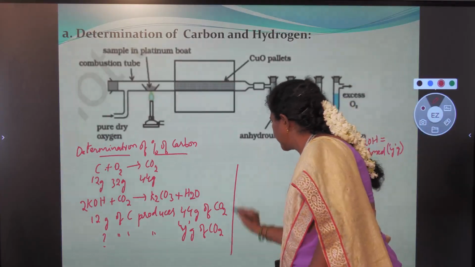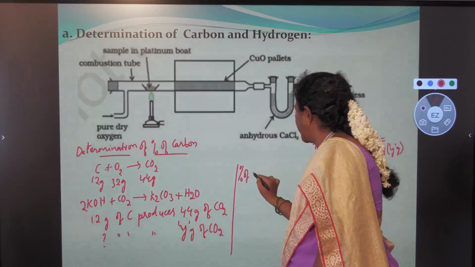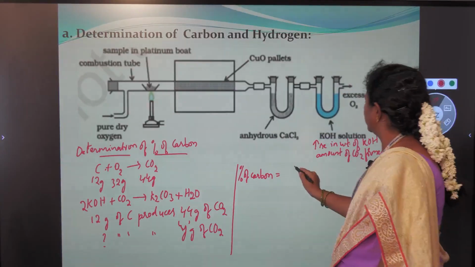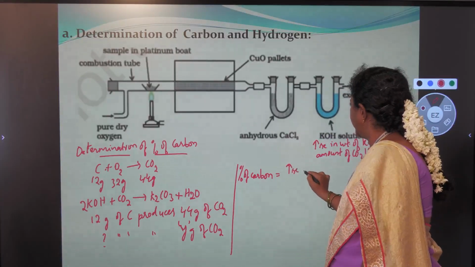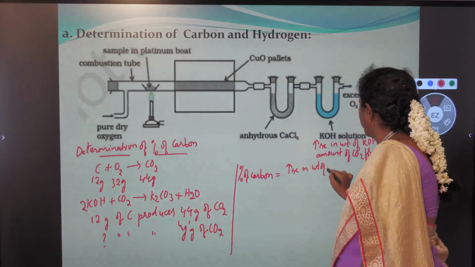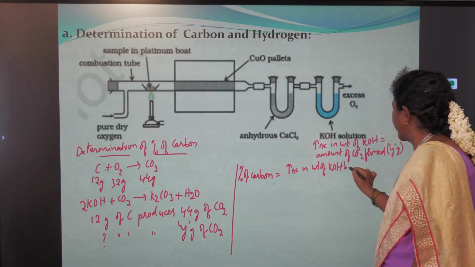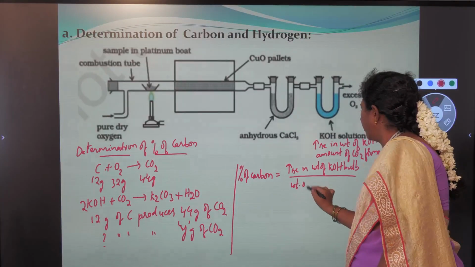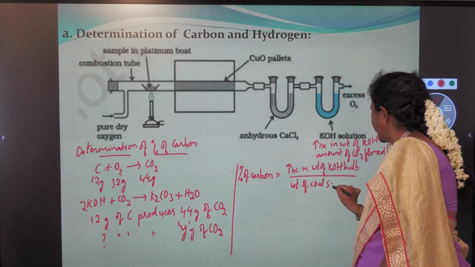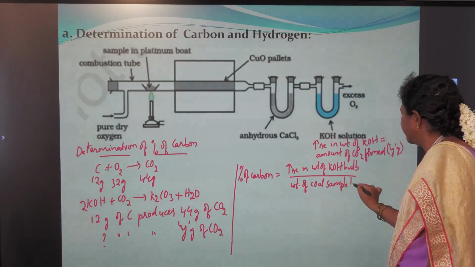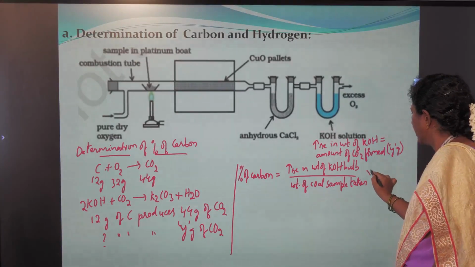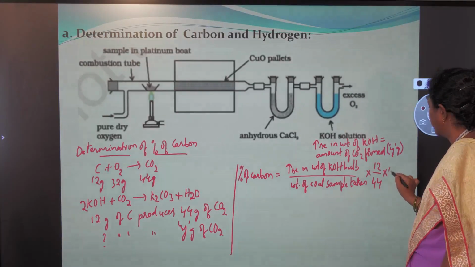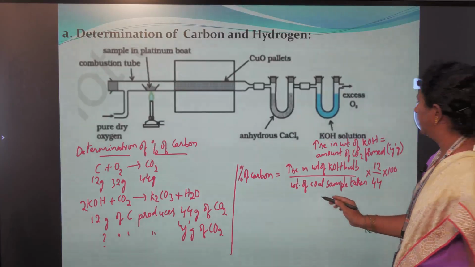From this, percentage of carbon will be equal to increase in weight of potassium hydroxide bulb by weight of coal sample taken into 12 by 44 into 100.